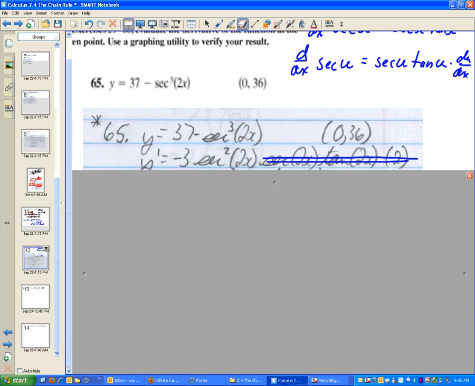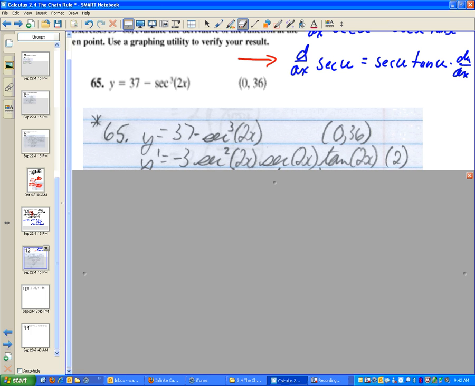What's u? When I said that was u cubed, what was u? Secant of 2x, right? So now I've got to take the derivative of the secant of 2x. You with me? How do I find the derivative of the secant of 2x? By using that rule. The derivative of the secant of 2x will be the secant of 2x times the tangent of 2x times the derivative of 2x.